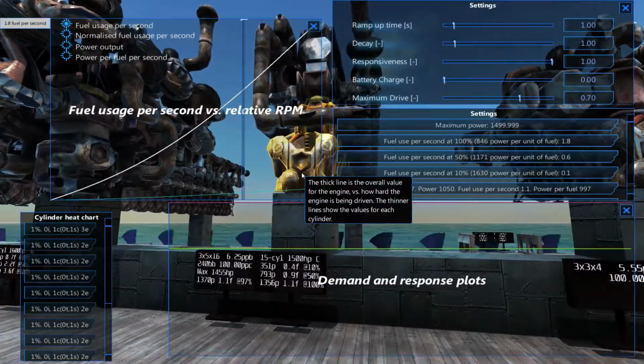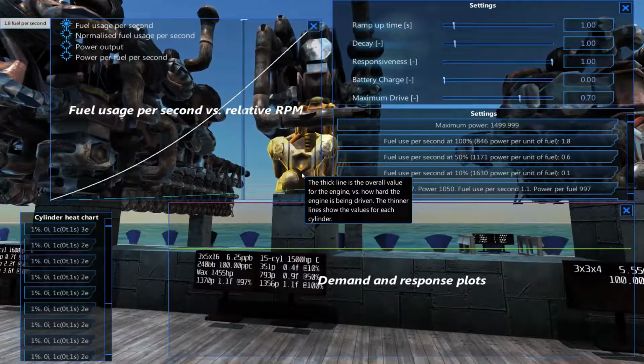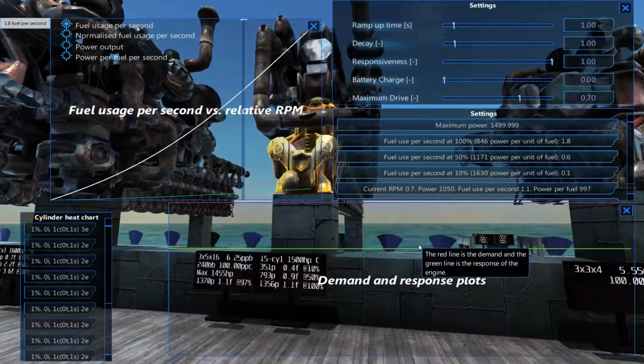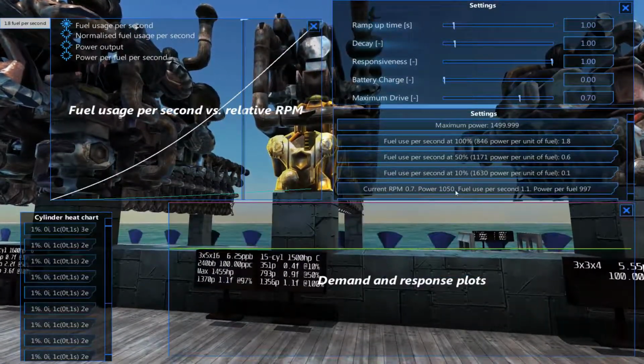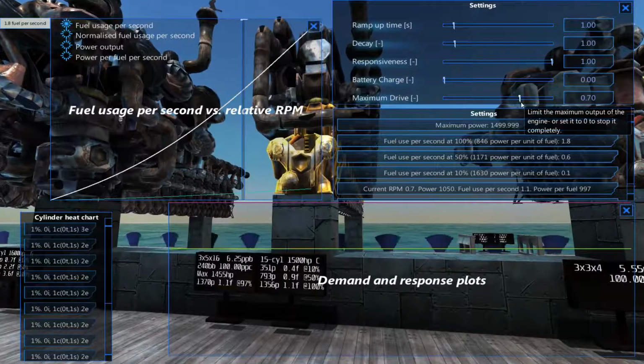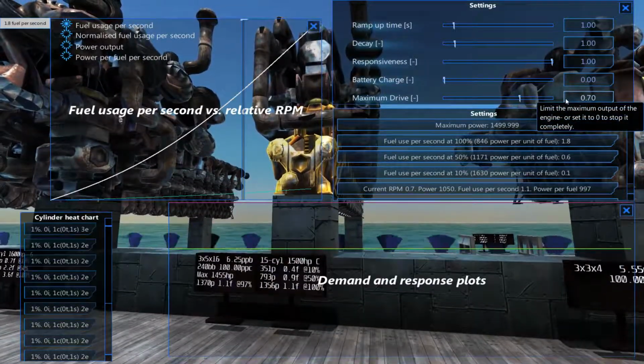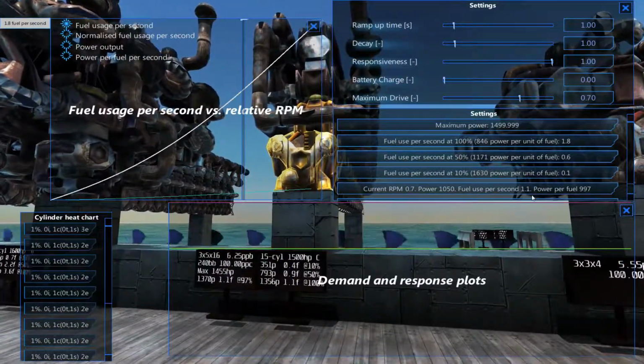But this would be if you don't have room for battery backup and you can't run your motors. This motor from 70 to 100% still uses the same amount of fuel.